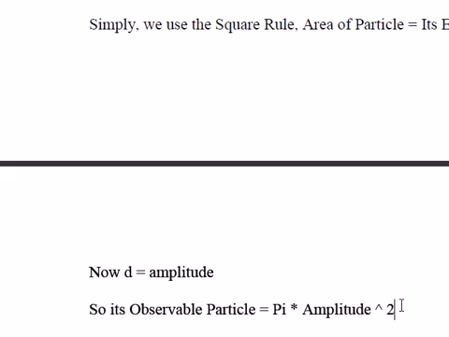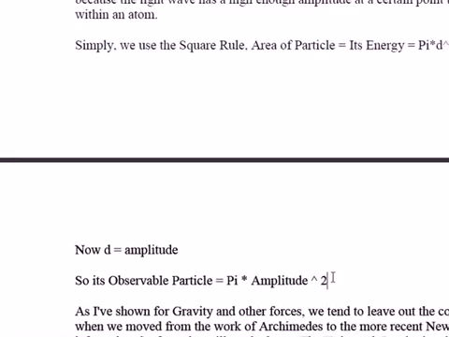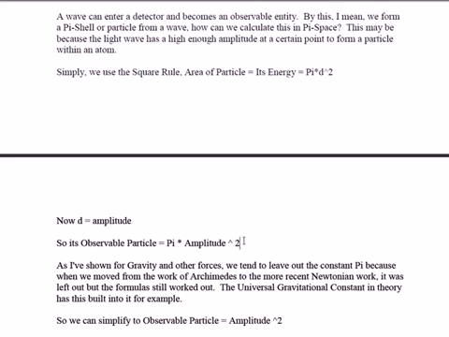So let's map that idea to pi space. If you look at the formula for pi space, just for a pi shell, the formula is really simple. I don't think it could be more simple. It's pi times d squared, right? So let's map quantum mechanics to pi space. Real simple.